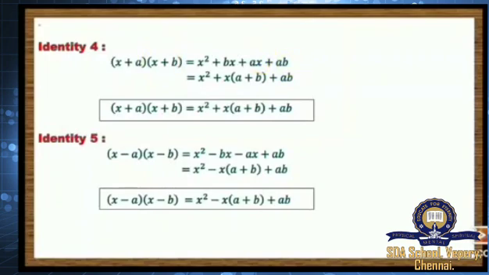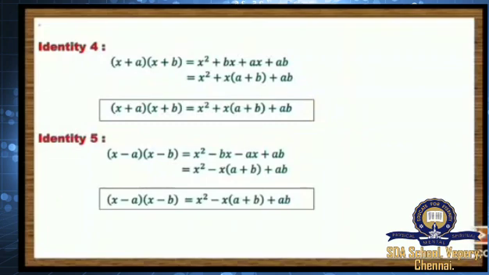So if you observe here, in the second and third term, you have x as common, right? So taking x in common, you will get a plus b. So x square plus x into a plus b plus ab. So expansion for x plus a into x plus b equals x square plus x into a plus b plus ab.